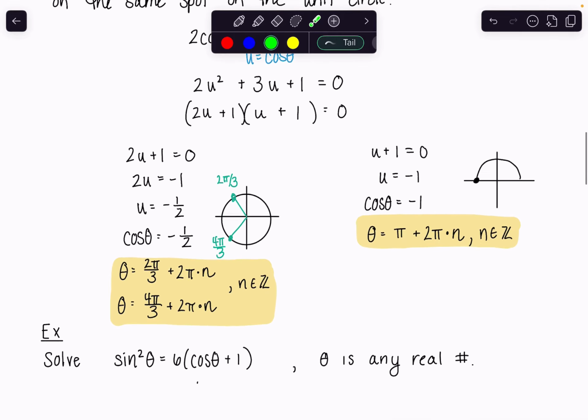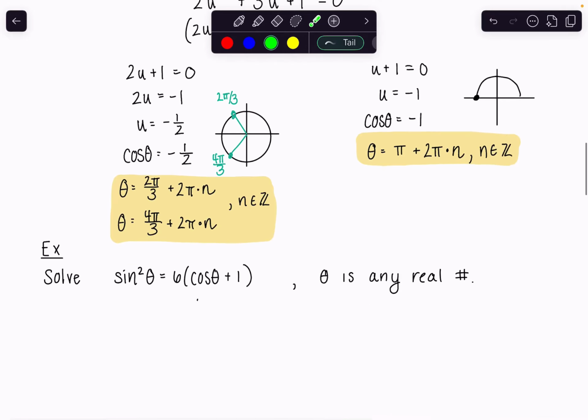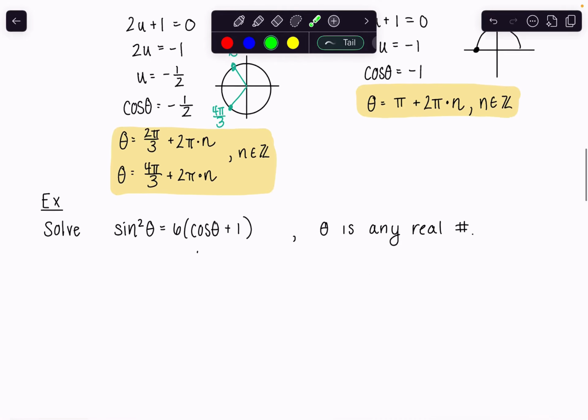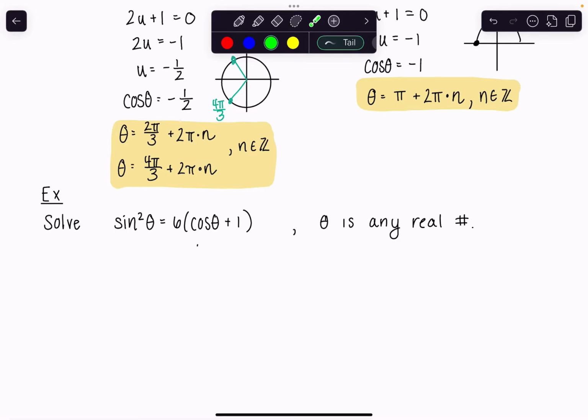Let's try another example. This one's a little more complicated because I have sine squared and I have cosine. But again, I have my theta can be any real number. So the problem with this one is you have two different trig functions.